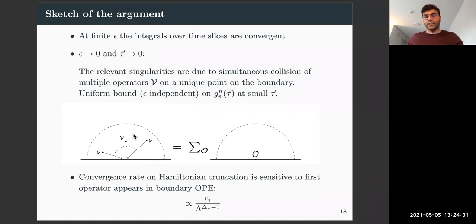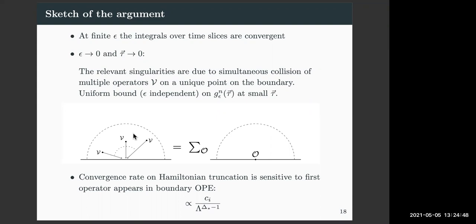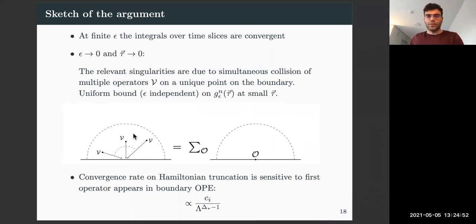And in some cases all of them meet at the boundary. It turns out that, at least for our case in AdS, the main contribution to the singularity is from the case where all of them simultaneously go to the boundary, not from meeting in the bulk. So the other powers are subleading.